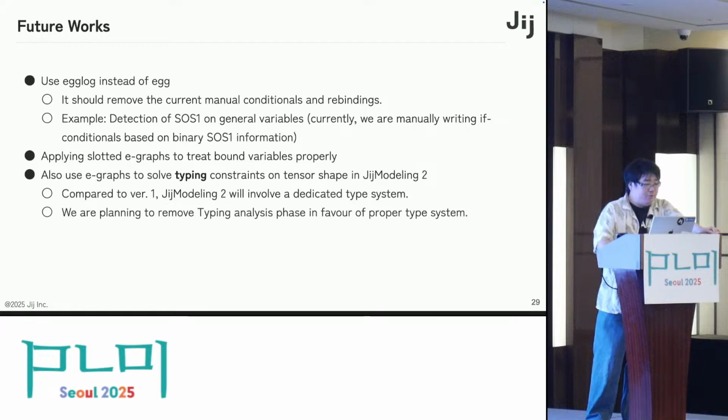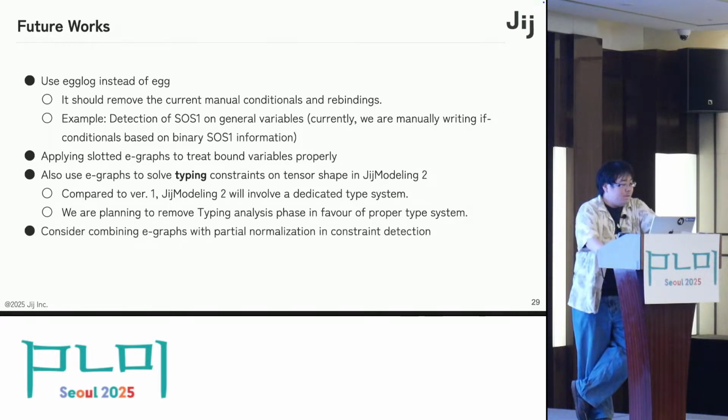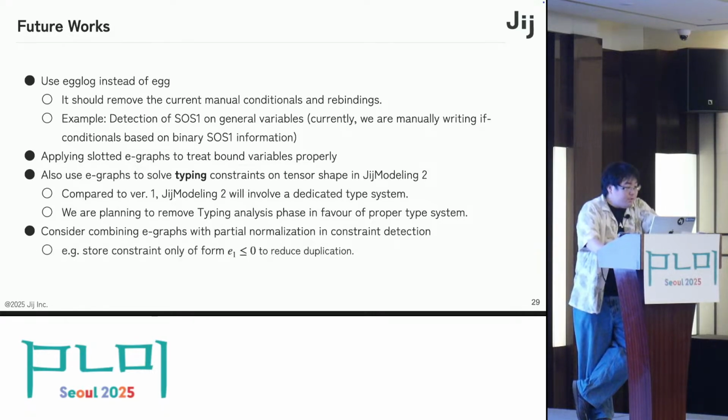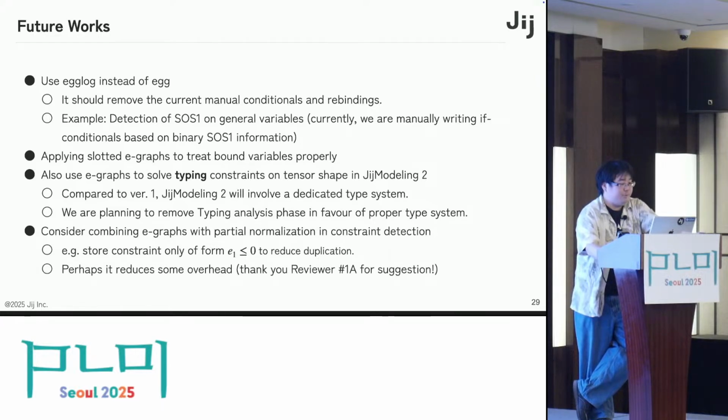And we are planning to remove the typing analysis phase in favor of a proper type system. And consider combining e-graphs with partial normalization and constraint detection. So store constraints only in the form of E1 is less than or equal to 0 and normalize it. This is a suggestion from reviewer A.